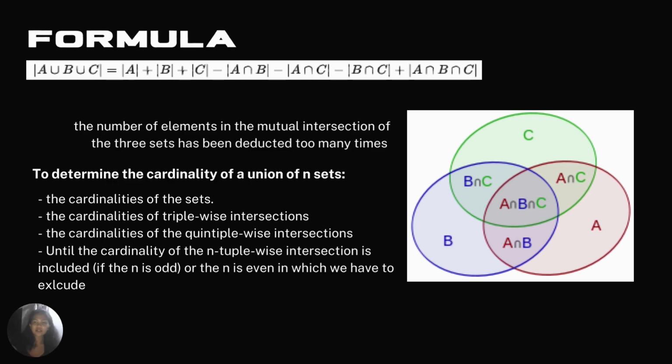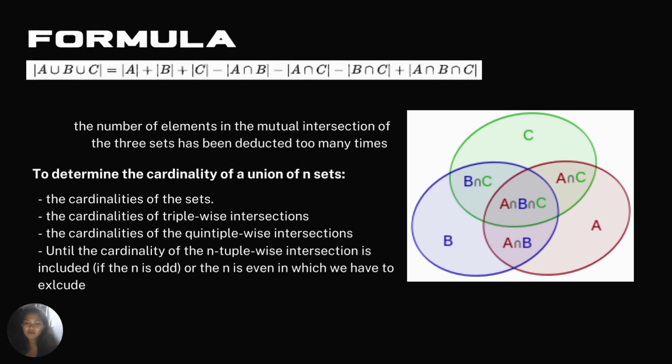In this case, we will include the cardinalities of the sets, the cardinalities of the triple-wise intersections, including the quintuple-wise intersections, until the cardinality of the n-tuple-wise intersection is included, if n is odd. The counterpart to that is when it is even, in which case we have to exclude.